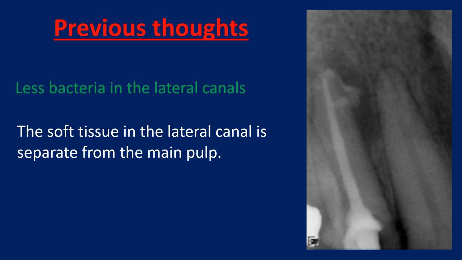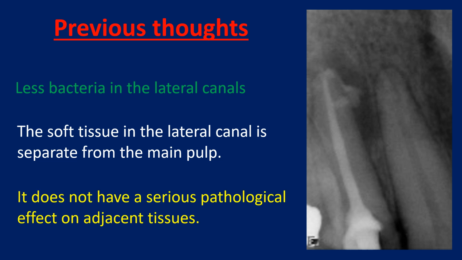The previous thoughts about lateral canals: we used to think that there are fewer bacteria in the lateral canals. The soft tissue in the lateral canal is separate from the main canal, and it doesn't have a serious pathological effect on adjacent teeth or adjacent tissues.